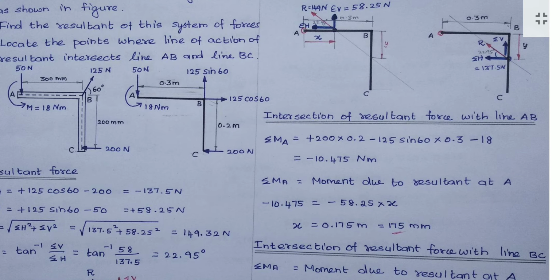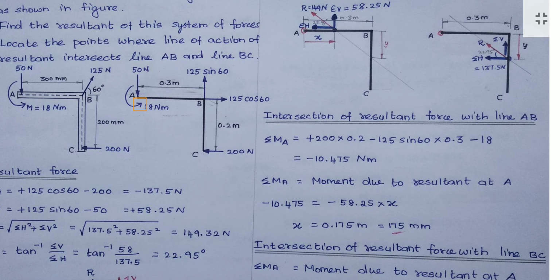Then the force 125 sin 60 is a vertical force, right? This vertical force rotates this angled bracket in anti-clockwise direction. So minus, the force value is 125 sin 60 into the perpendicular distance of this force, 0.3.